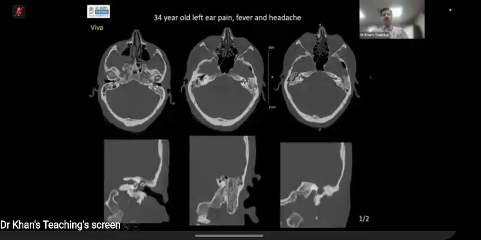Now, this is what is happening. We can see opacification of the mastoid cells. We can see opacification of the middle ear. If you just concentrate on this one and this one, what is the main finding? Over to you, and what is your conclusion?